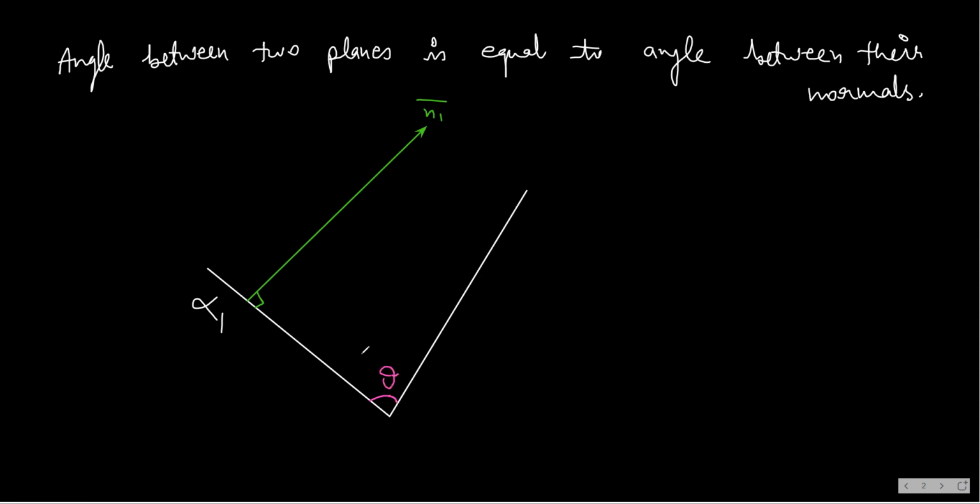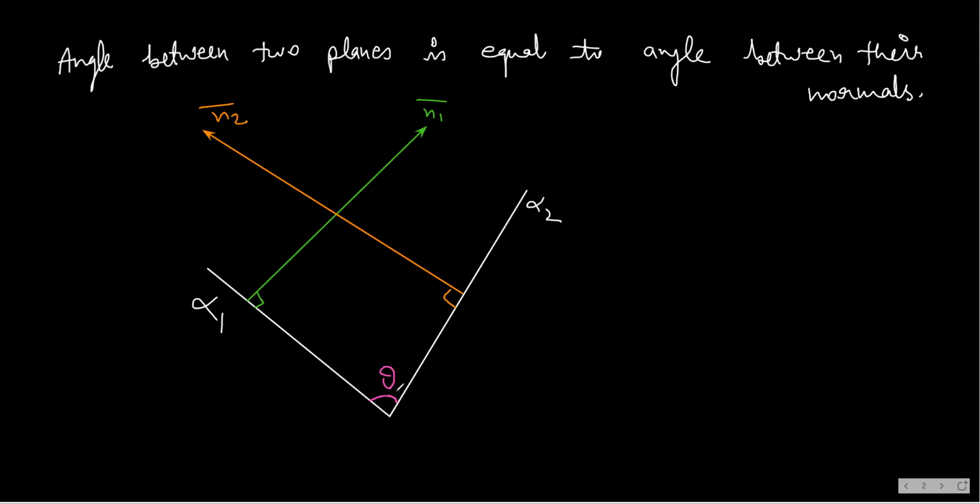You are looking from the front. You can see only the edge. This is plane alpha 2. The normal to this plane is n2 bar. You see this? This is normal, so it is 90 degree. This is n2.